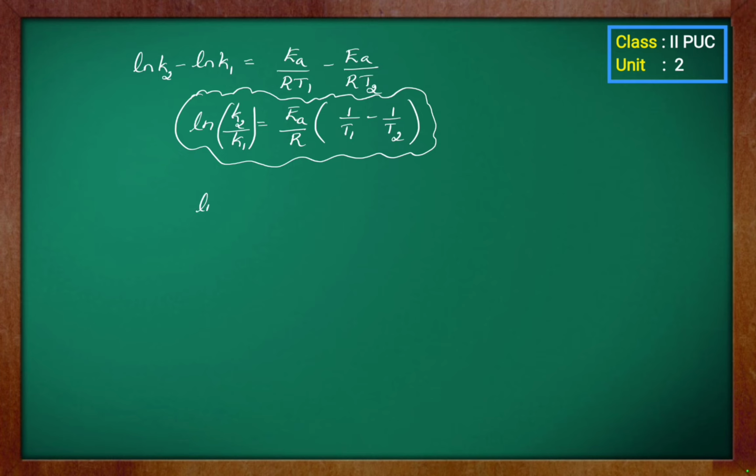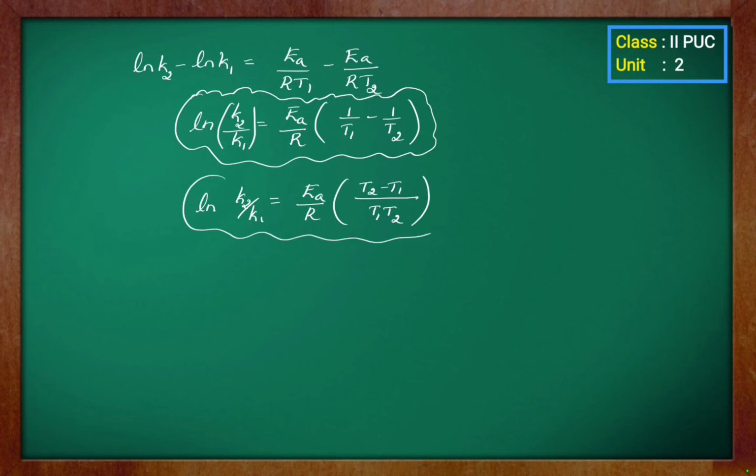Or I can write this as ln k2 divided by k1 is equal to Ea divided by R, and taking LCM, here we have T1 into T2, and numerator will become T2 minus T1. So this is the other way of how we can represent the same expression.